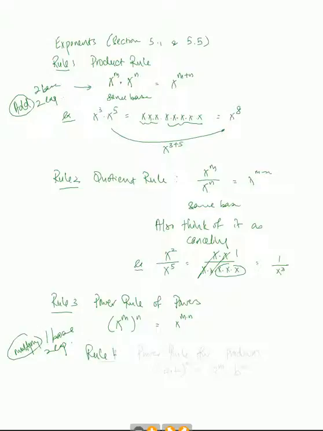Before we do more examples, let's look at rule number 4, which says that it's the power rule for products. And that just means that if there are 2 terms, 2 bases, in the parentheses with an exponent on the outside, you need to distribute the exponent to both of them.